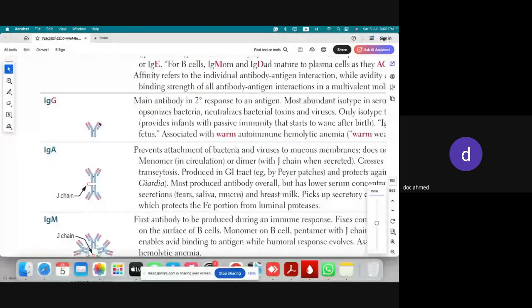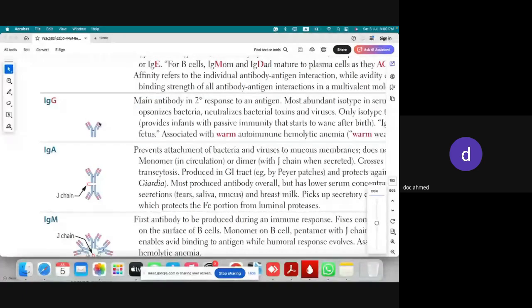Remember, can IgG cross the placenta? It's small, the smallest of all, so yes, it can cross the placenta. In our hematology section we are going to discuss a lot of pathologies. Sometimes a baby with autoimmune disease won't have any symptoms for the first 6 months. Why?